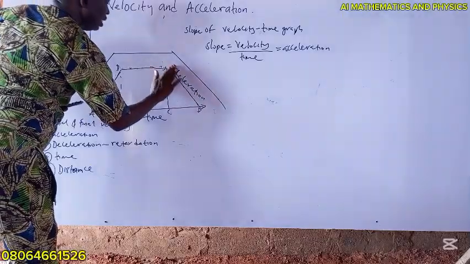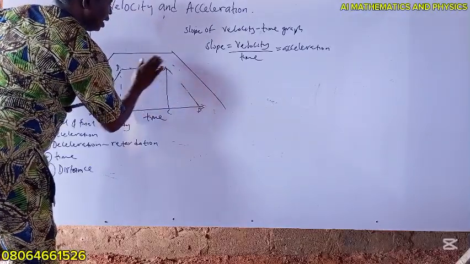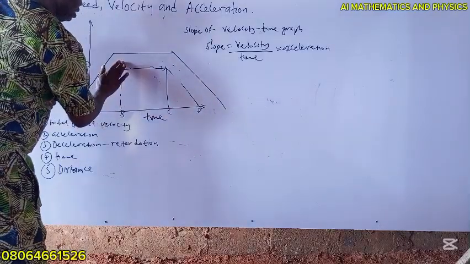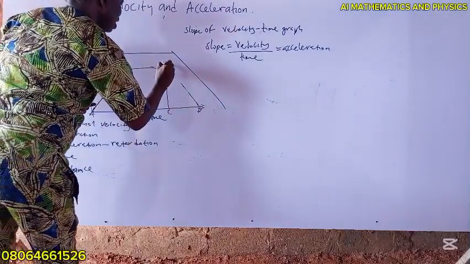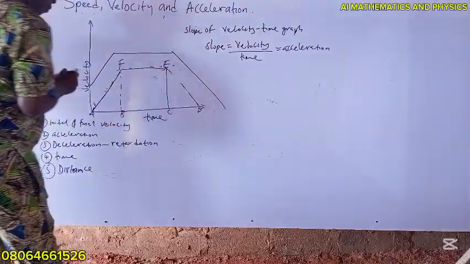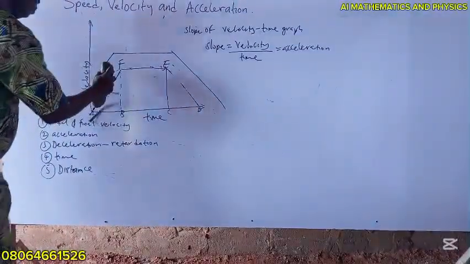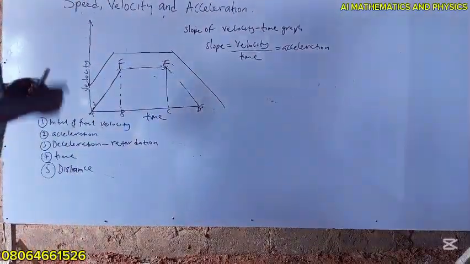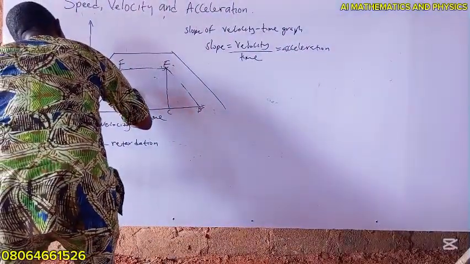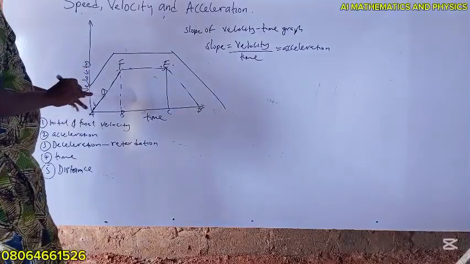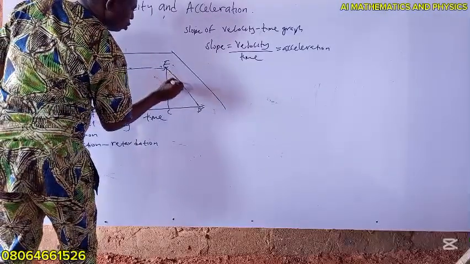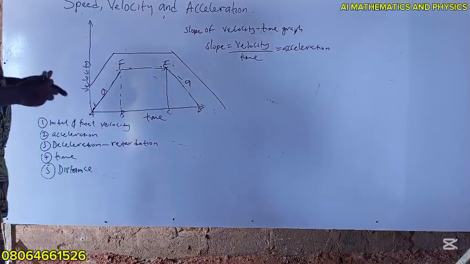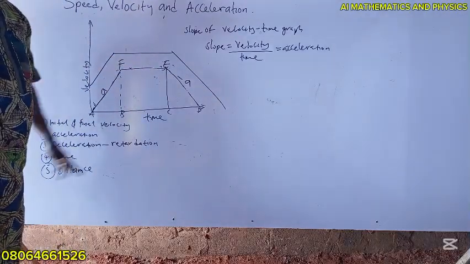Let me represent all this by letters A, B, C, D, E, F. This one is A. This one is negative of A, which is minus A, because the negative of acceleration is deceleration.